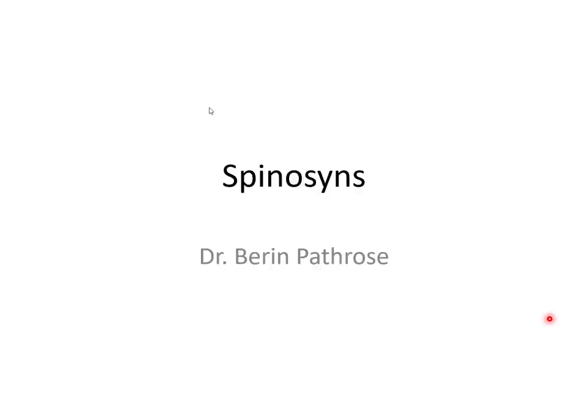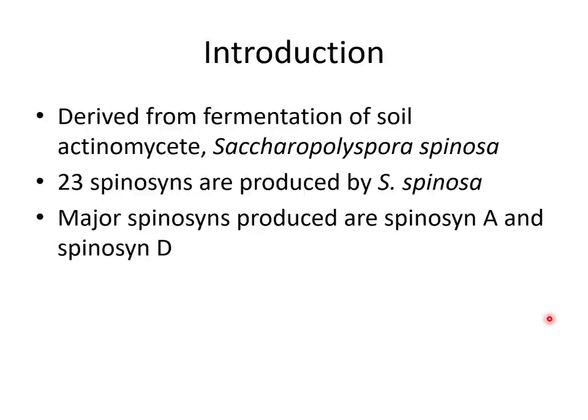The first group I will cover is Spinosyns, a group of insecticides derived from a soil actinomycete, Saccharopolyspora spinosa. Usually, with microbial derived pesticides, whenever a bacteria or a fungi or any actinomycete is cultured in artificial media, it will release so many metabolites.